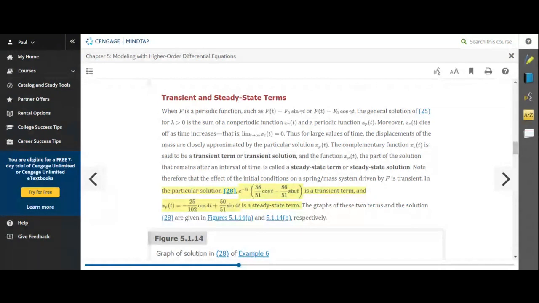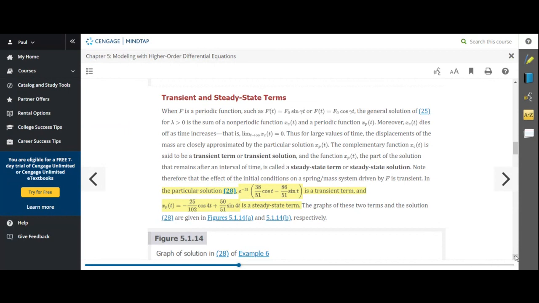And the particular solution, yeah, that's a good way. Yeah, the complementary. Let me see here. Yeah, they're saying what I'm saying. Okay, and they have a figure here, a graph.